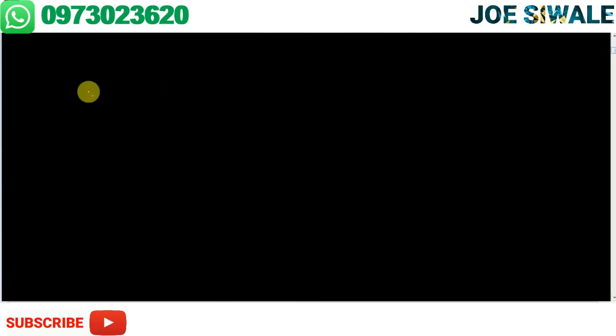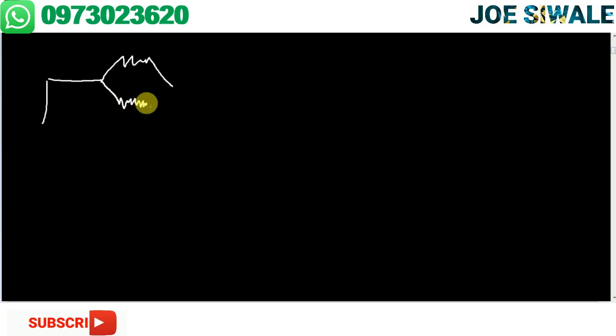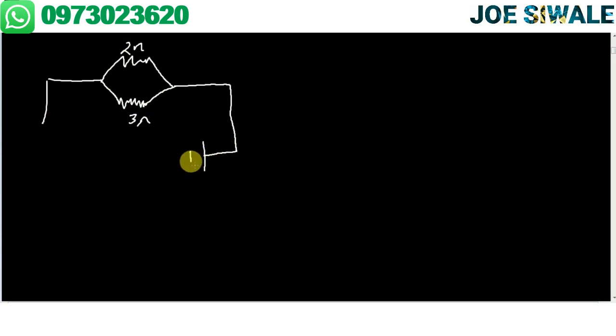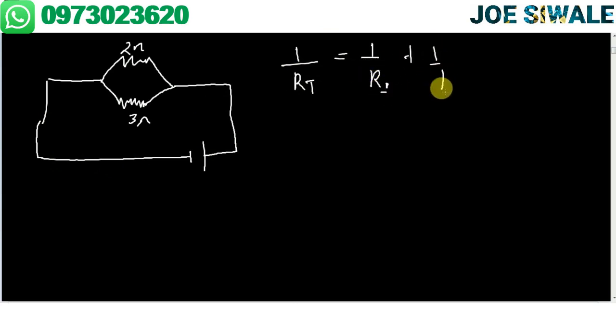For example, if you have this setup and you have been told to calculate the total resistance, we say 1 over RT is equal to 1 over resistance 1 plus 1 over resistance 2.